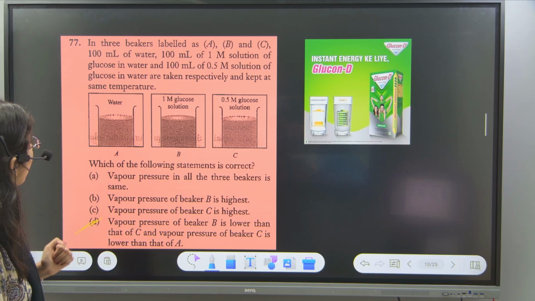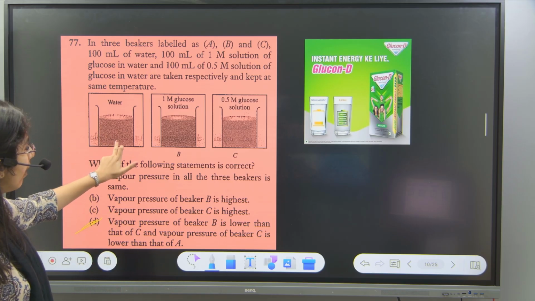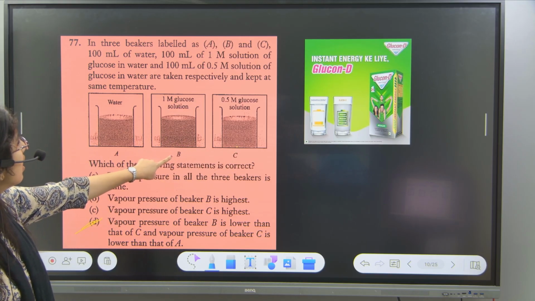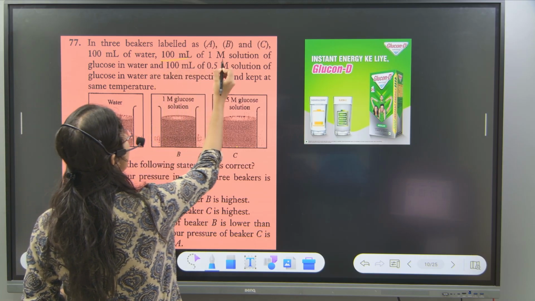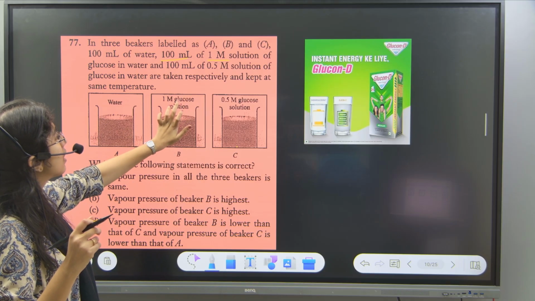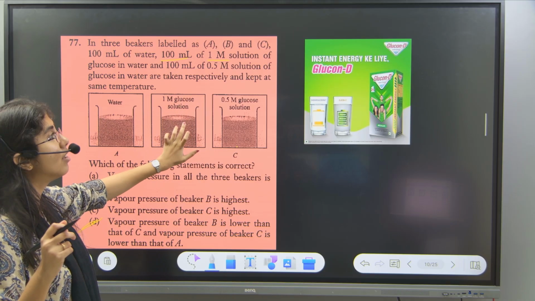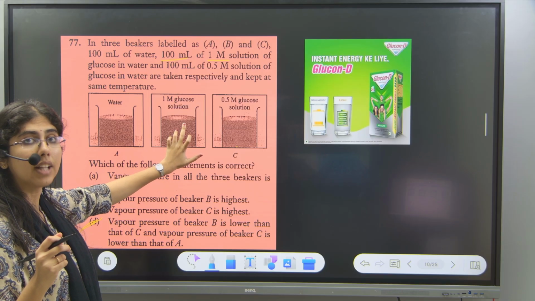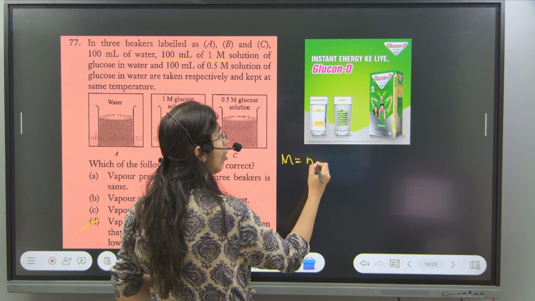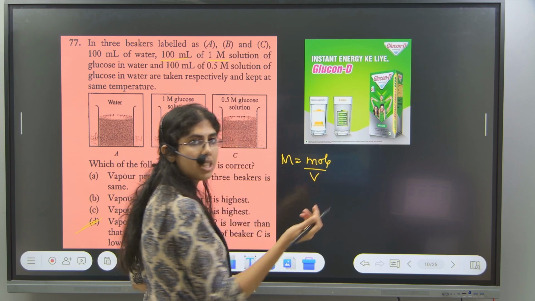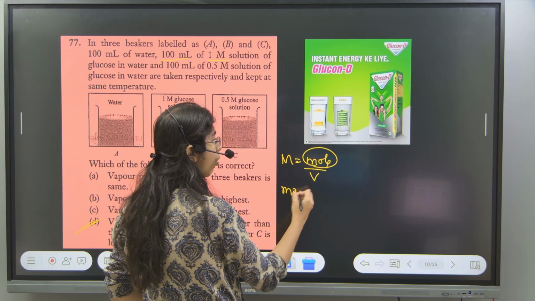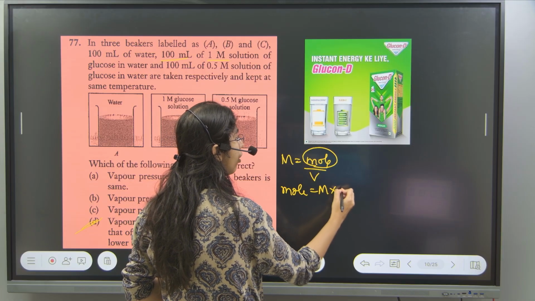Okay. So now we have water and we have glucose solution. B is 100 ml, 1 molar. How many moles of glucose are there in this solution? They have given molarity. Molarity is moles by volume, right? So mole is equal to molarity into volume.